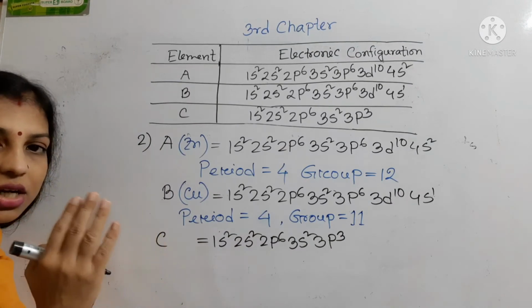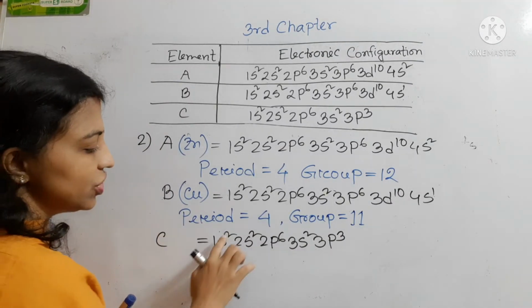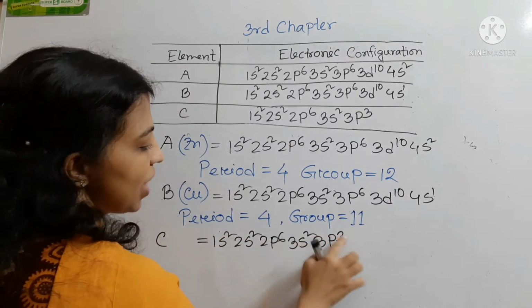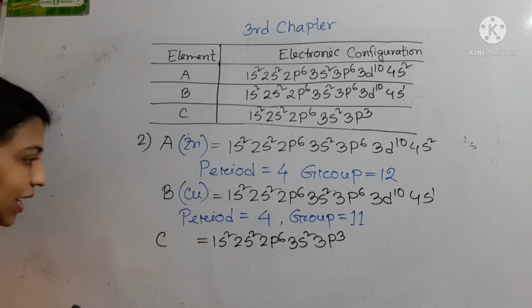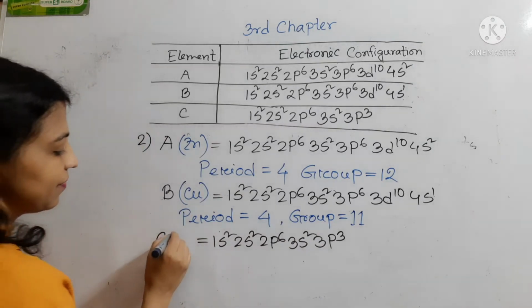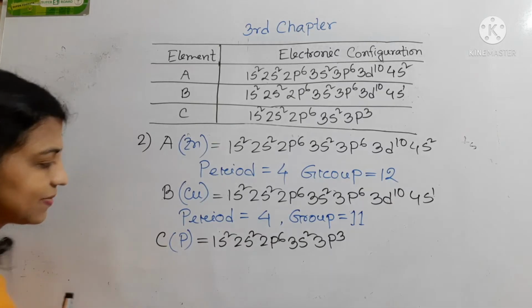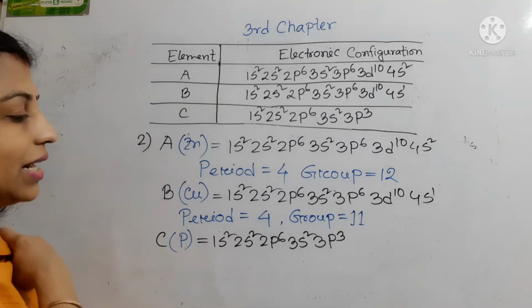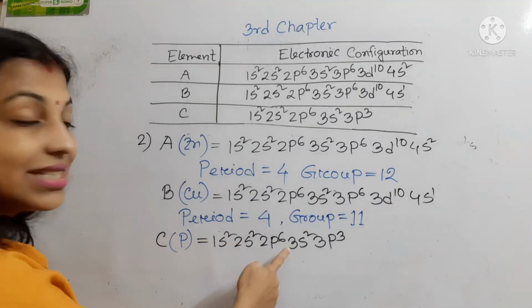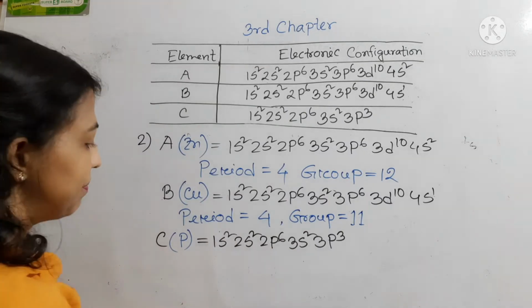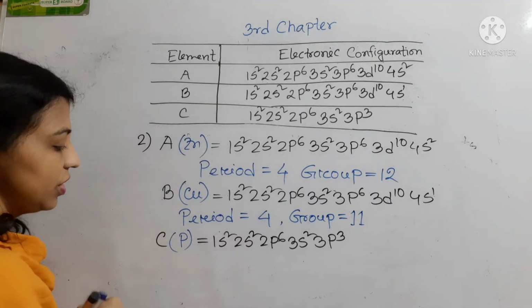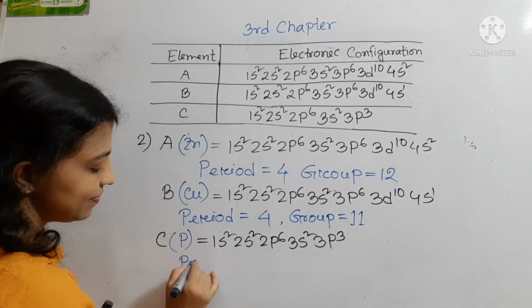If we add the total electrons, it will be 10, 12, 15. That means here C is phosphorus. Now here the highest energy shell is 3. So the period number of phosphorus is 3.